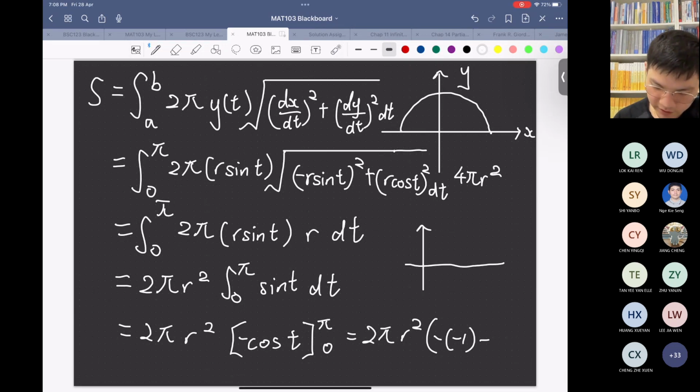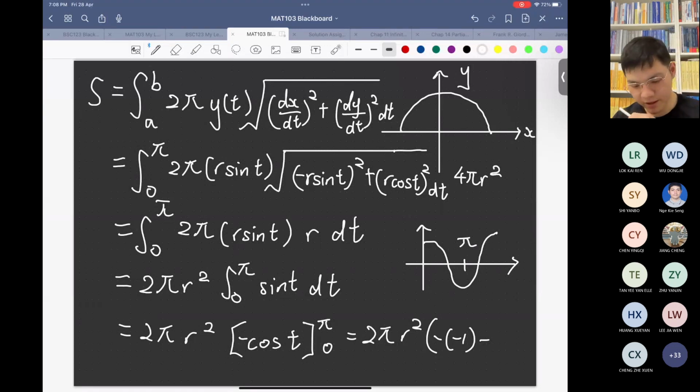So let's draw this out. So here is pi. Cos pi is -1 minus cos 0 is 1. Cos 0 is 1. Am I doing something wrong? Cos pi is -1. Cos 0 is 1.